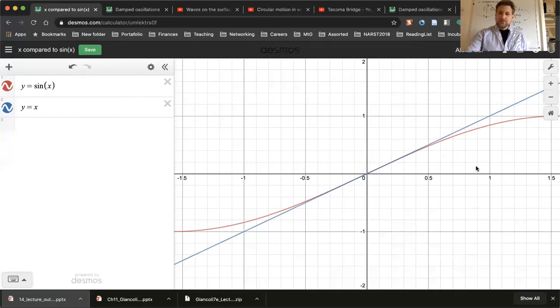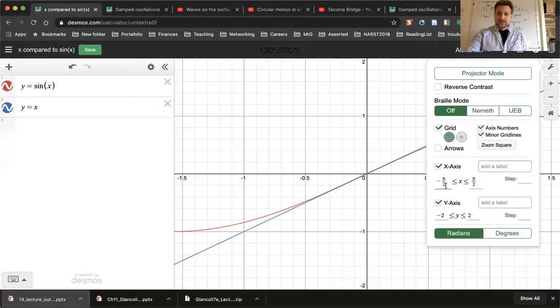And if we restrict ourselves even farther, instead of pi over 2, that's 90 degrees. So we're talking about the entire negative 90 to 90 degrees. Remember, negative 90 to 90, that's the entire bottom hemisphere here.